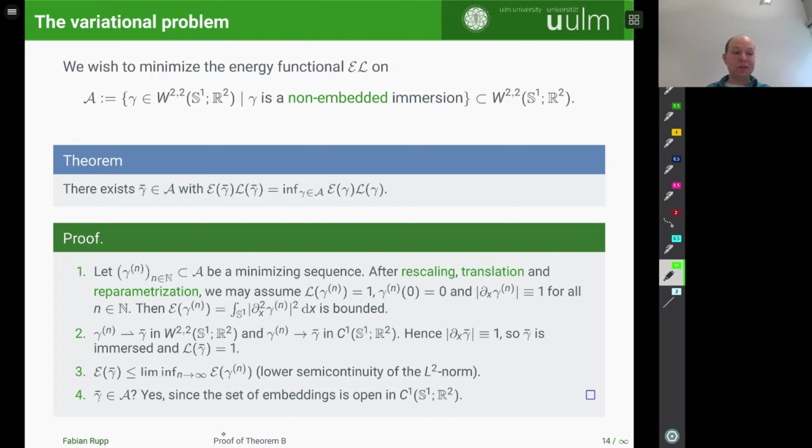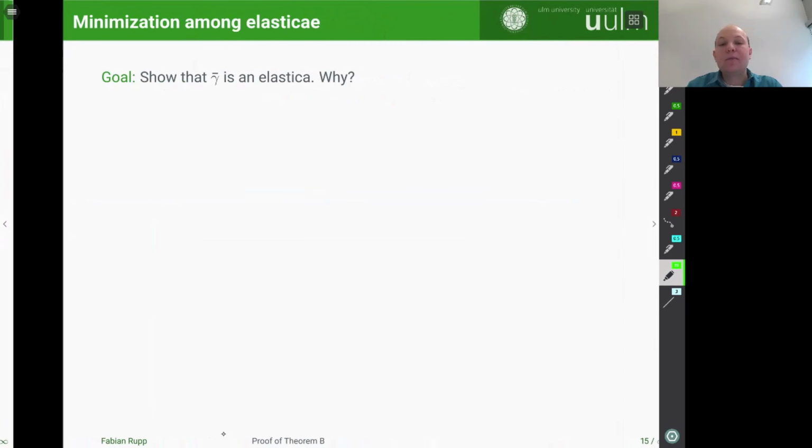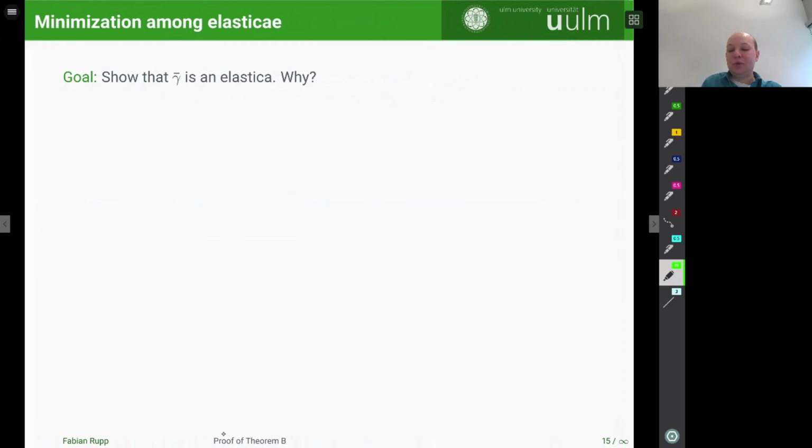And we also do not know which curves attain the value. And this we want to understand, so we want to understand the minimizer, gamma bar, better. Our goal is to show that gamma bar is in fact an elastica.